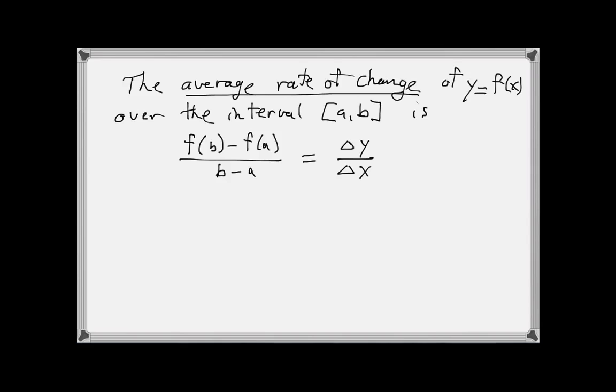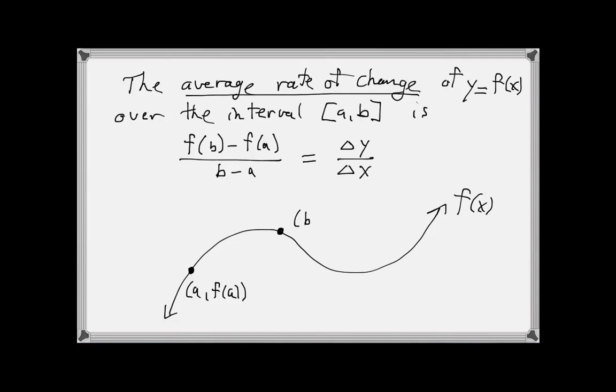So given the curve for f and 2 points on the curve, let's say this is the point a comma f of a, and given another point on the line with coordinates b comma f of b, then consider the slope of the secant line that passes through these 2 points, which is this line right here.